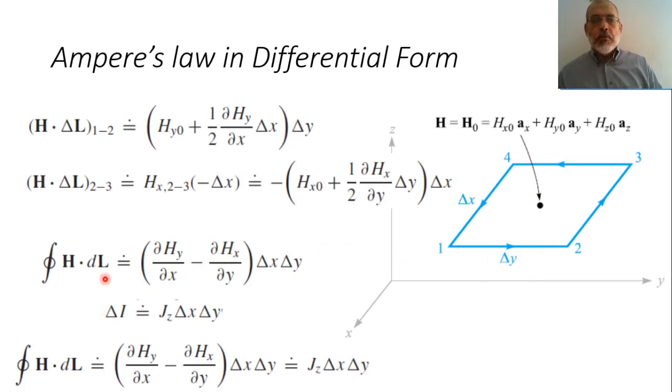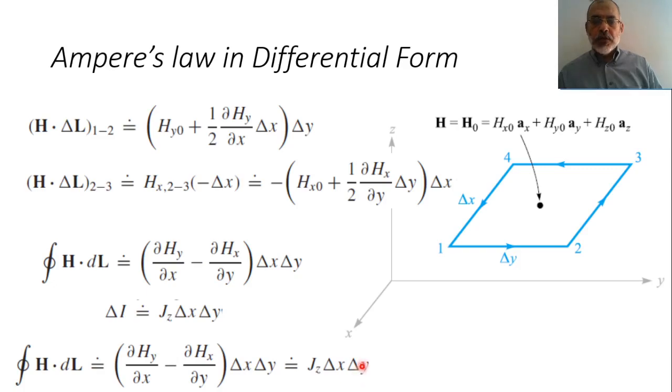So by combining this, the integration over the closed loop of H dot dl equals the current, so we can say that the derivative of Hy with respect to x minus the derivative of Hx with respect to y multiplied by delta x delta y equals the volume current density Jz multiplied by the surface area delta x delta y.